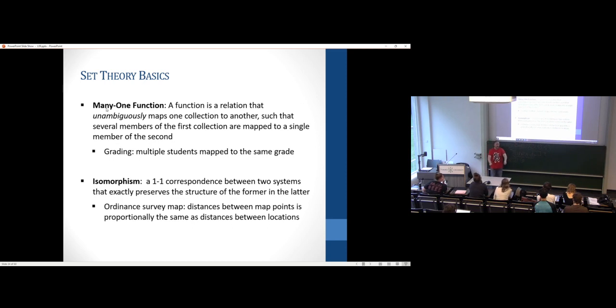Isomorphism is one-to-one. So there's only ever a relationship between one object in the first to one object in the second. And if there was any structure in the collection in the first one, it is preserved in the mapping. So, again, think about something like a seating chart. Let's do a seating chart where we want everyone to line up alphabetically.